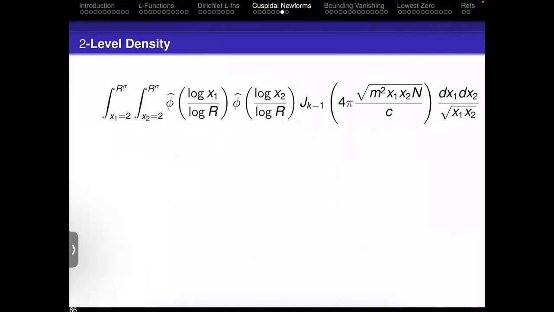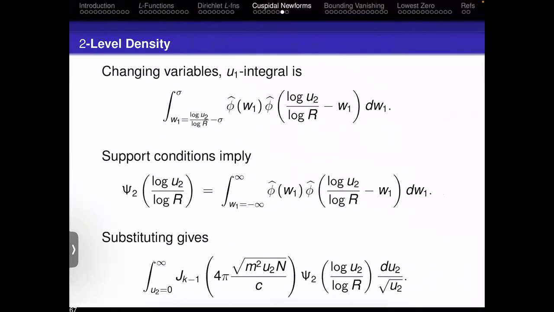Then the log of u2 over u1 is the log of u2 minus the log of u1. Now I have the log of u1, and then phi at the log of u2 minus the log of u1. That's a convolution. So when you do this change of variables, I'm essentially replacing this with a convolution. If I integrate that, I get a new test function, and now I reduce to the Iwaniec-Luo-Sarnak result, where my test function is a convolution of two test functions. You can do this for higher levels as well. It just becomes an n-fold convolution.